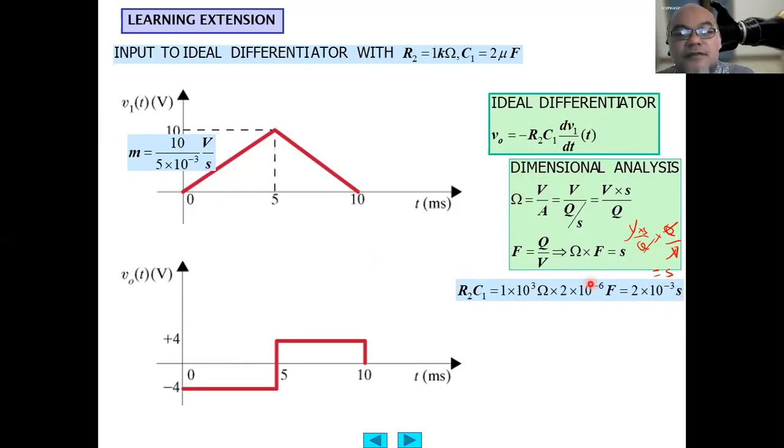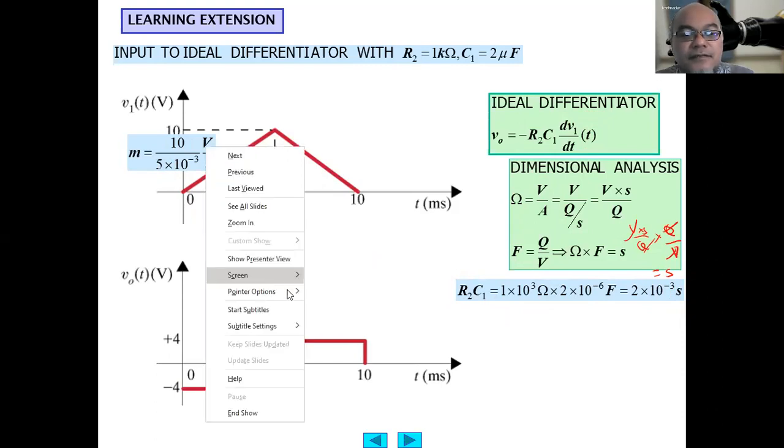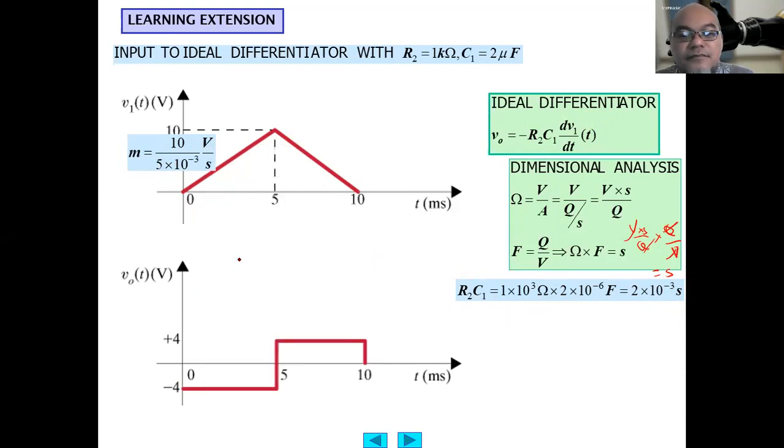R2C1 is 2 times 10 to the power of minus 3. Let's calculate again. The V output will be equal to minus 2 times 10 to the power of minus 3 in this region, times 10 over 5 times 10 to the power of minus 3, in volt per second.